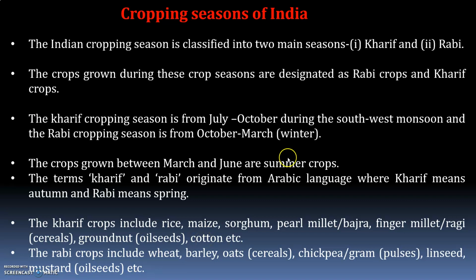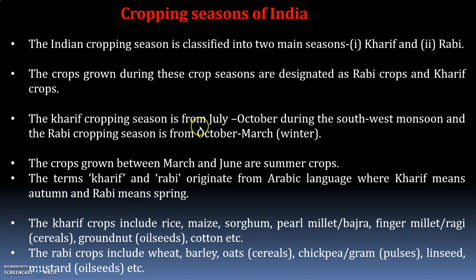And next we will see what are the cropping seasons of India. Okay, here in India, the cropping season is mainly classified into two main seasons. One is Kharif and the other one is the Rabi. The crops grown during these crop seasons are designated as Rabi crops and Kharif crops.